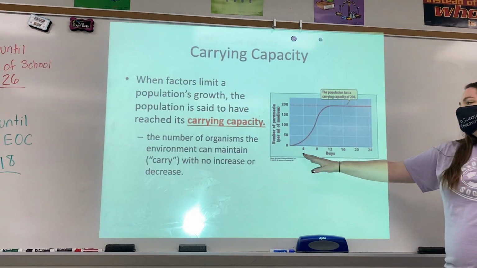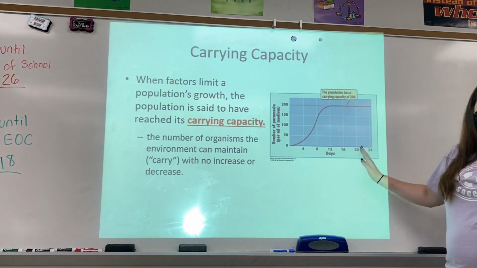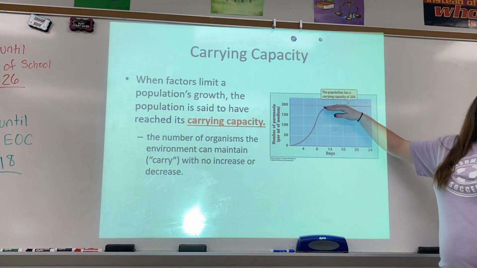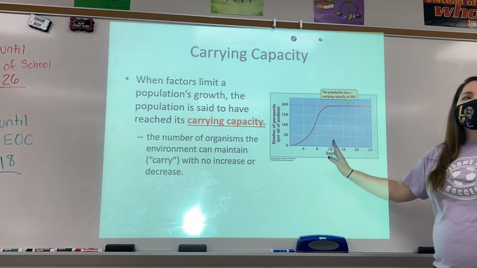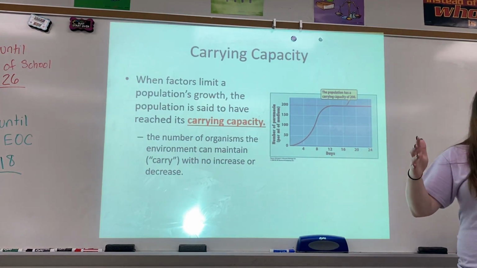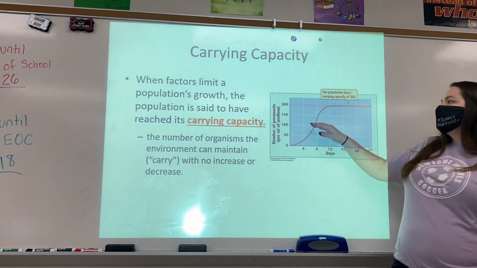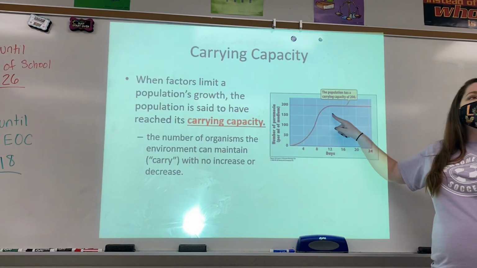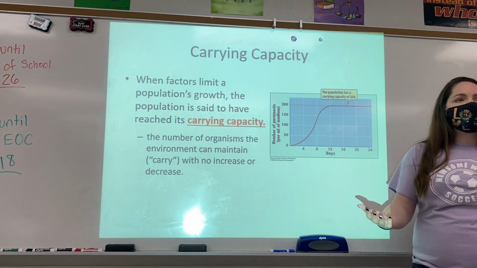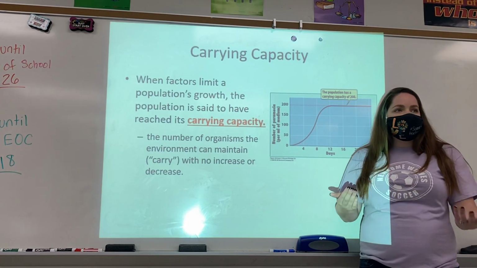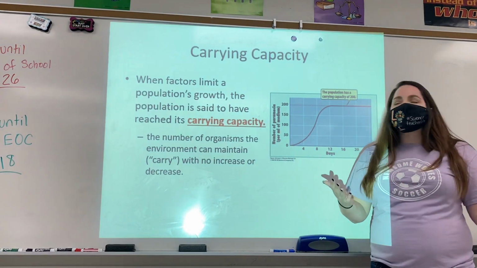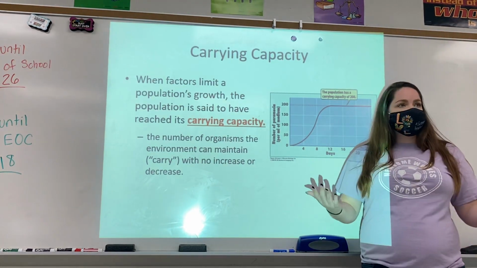So this is showing us after so many days, we have our population growth, and then after a certain amount of time has passed, once we have all these individuals in this environment, the environment is going to start presenting those limiting factors. So the food is going to start running out, the space is going to start running out, your predators are going to start becoming more of a nuisance, and your disease is going to start increasing.